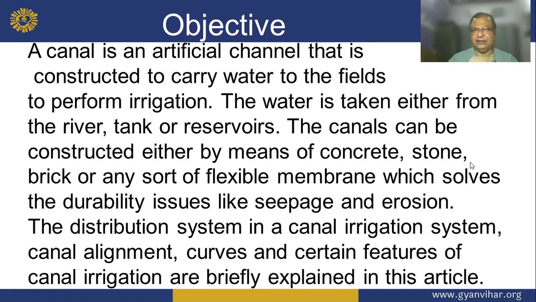A canal is an artificial channel that is constructed to carry water to the field to perform irrigation. Dear boys, you can also carry it by pipeline, but that is a closed channel.